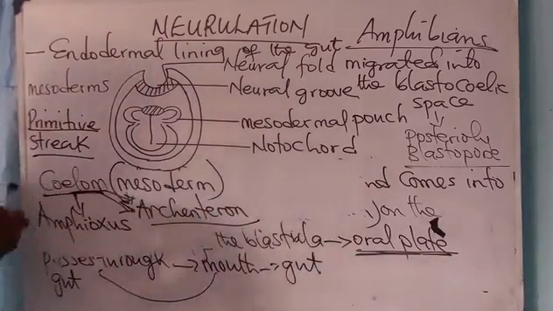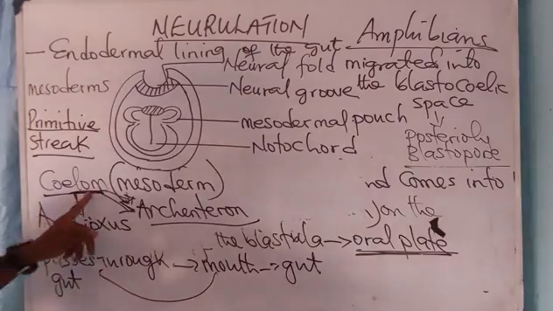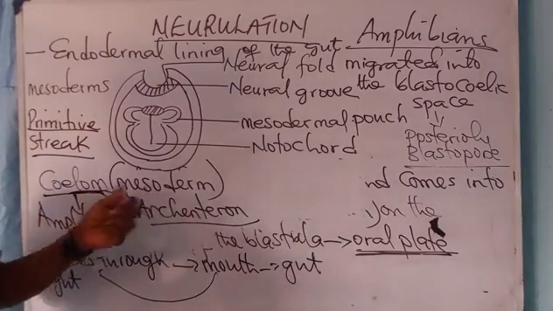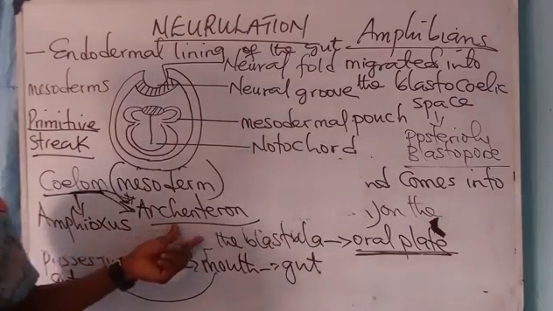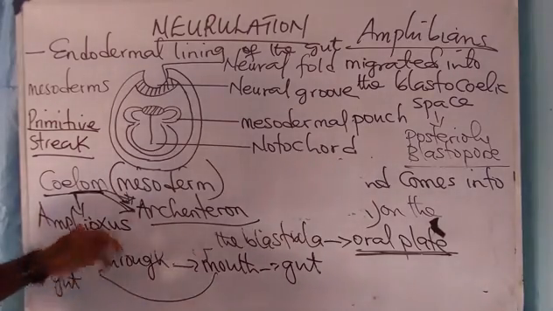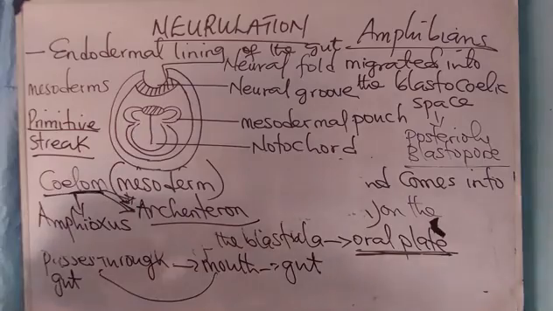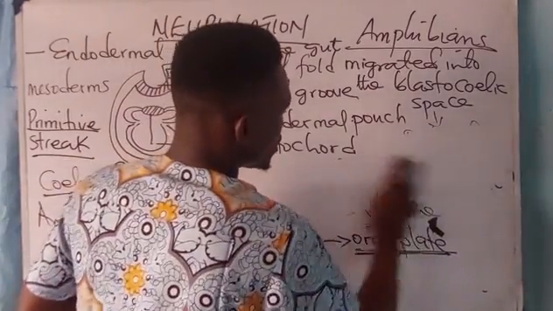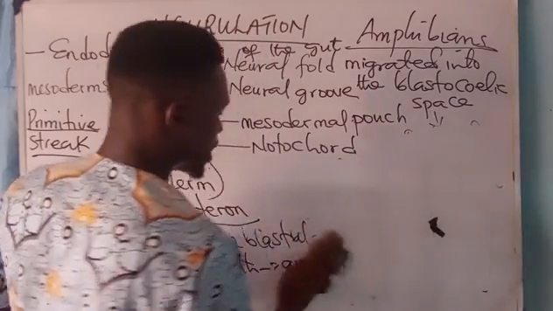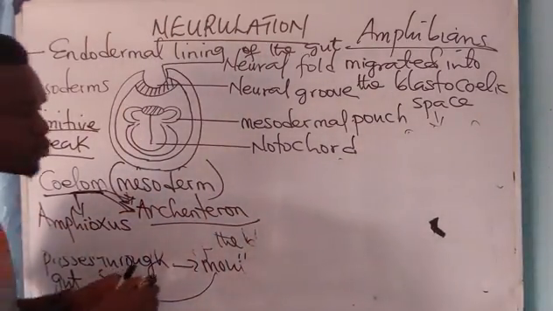Yeah. So please, the coelom, which is surrounded by the mesoderm, is derived from the archenteron in Amphioxus. All right, so at this point, to call it a day, please let me give you the structure of a neurula according to the lecturer. The structure of a neurula.